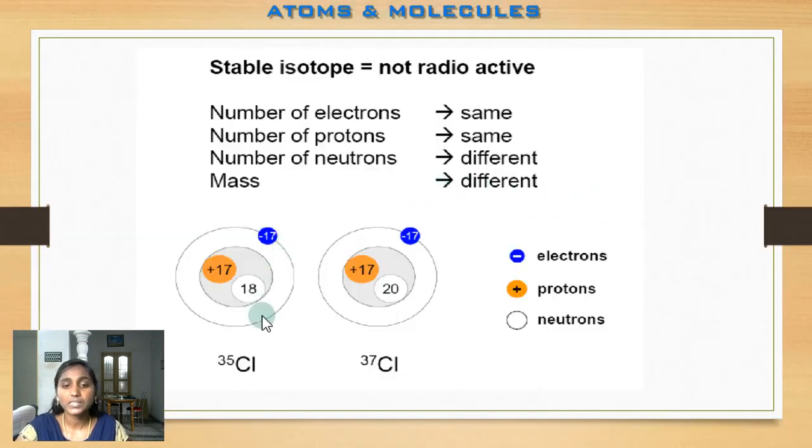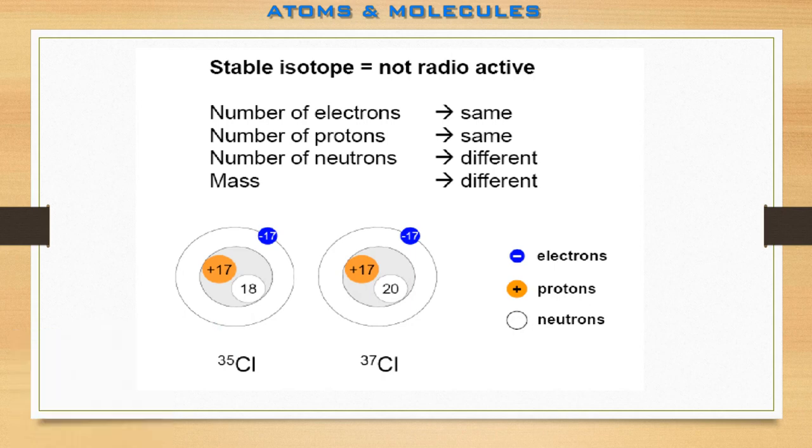See this picture first. This is a chlorine structure. Each atom has a nucleus. Like that, this chlorine atom has a nucleus. This nucleus contains protons and neutrons.